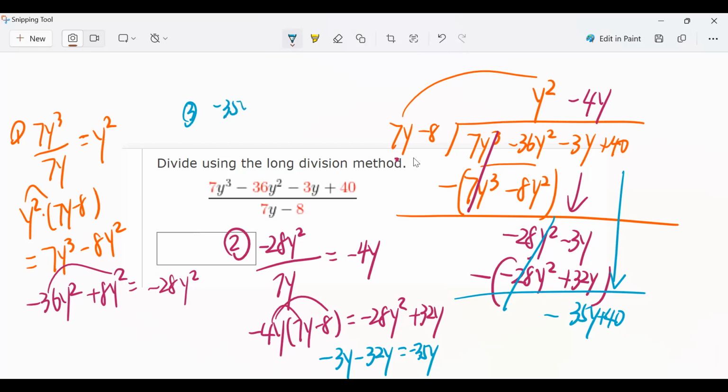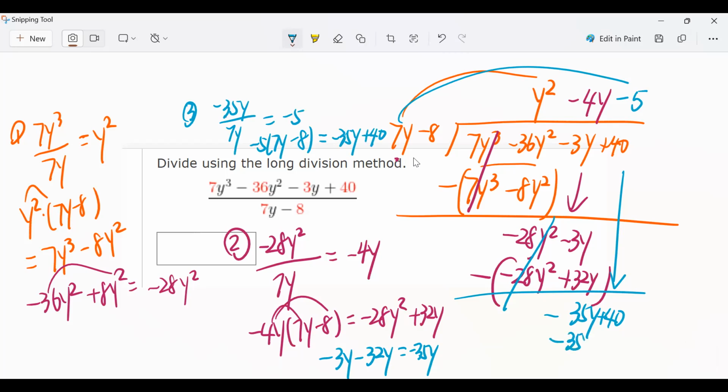Minus 35y divided by 7y, that's minus 5. So the last term will be minus 5. And you multiply this, minus 5 times 7y, minus 5 times 8, so it's minus 35y plus 40, and they are exactly the same thing.